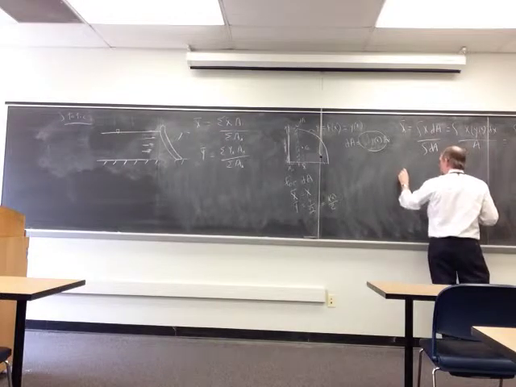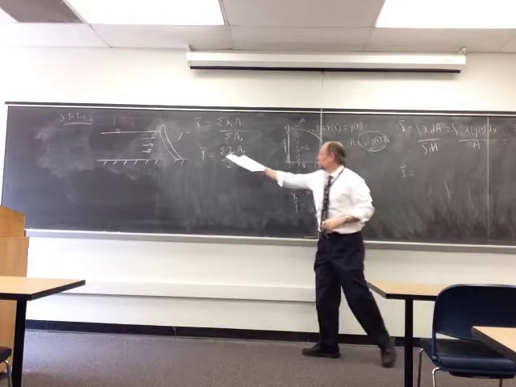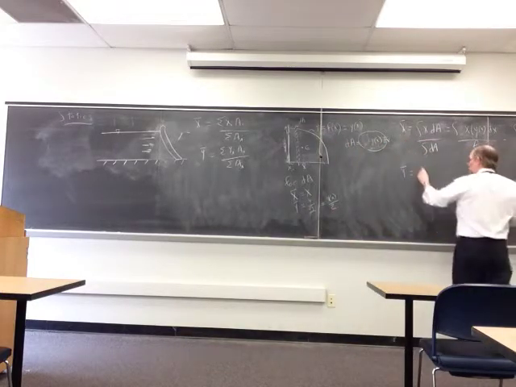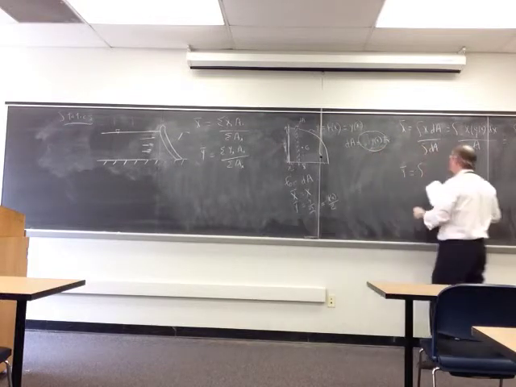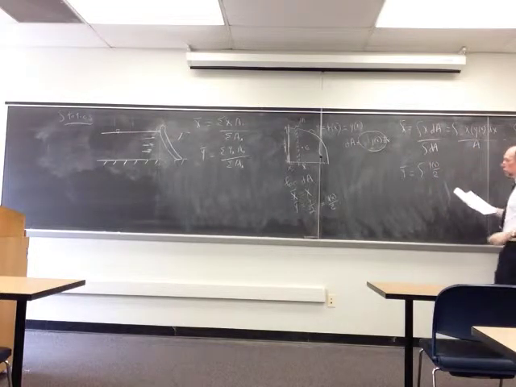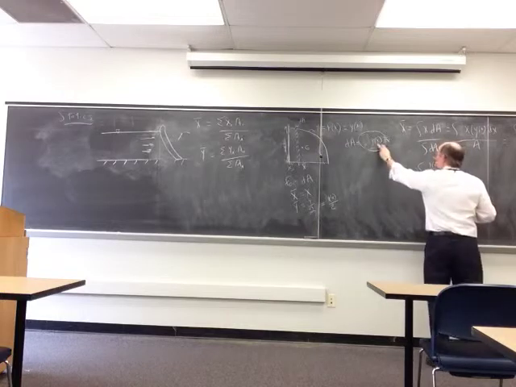And then we can look at y bar. Over here is the sum of y times a, which would be the integral of y. Y bar is y of x over 2 times dA, which is here.